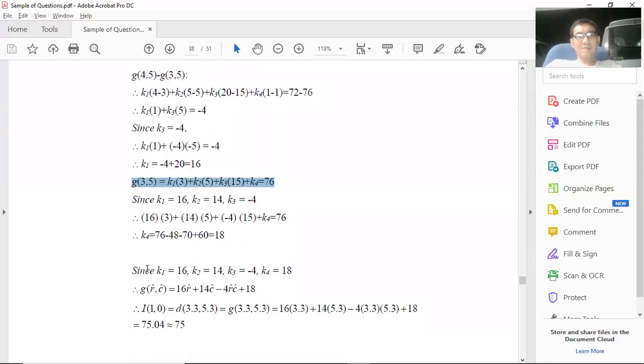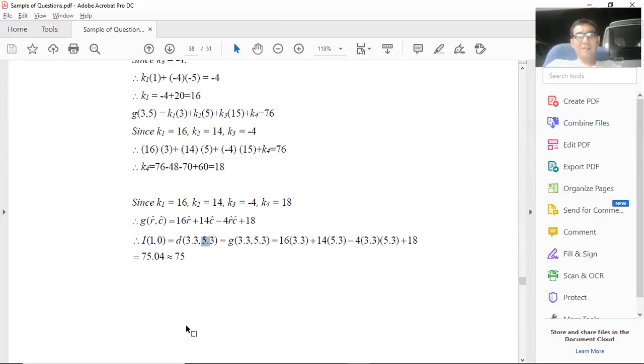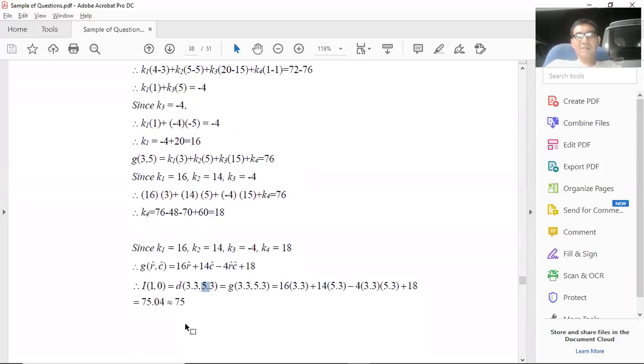So now you already have K1 to K4, and you have your full equation. Now you're ready to plug in R prime, C prime, which is 3.3, 5.3. You put in 3.3, 5.3, and then you get 75, rounded to nearest 75. So that's basically what this is all about. Okay, thank you very much.